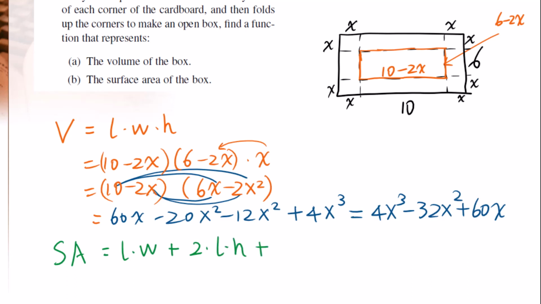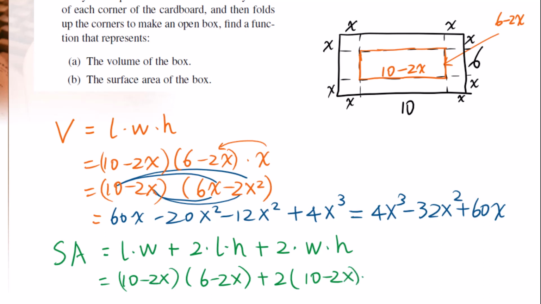Then for the surface area, bottom, that is L times W, plus 2 times L times H, plus 2 times width times H, equals (10 minus 2x) times (6 minus 2x) plus 2 times (10 minus 2x) times x plus 2 times (6 minus 2x) times x.